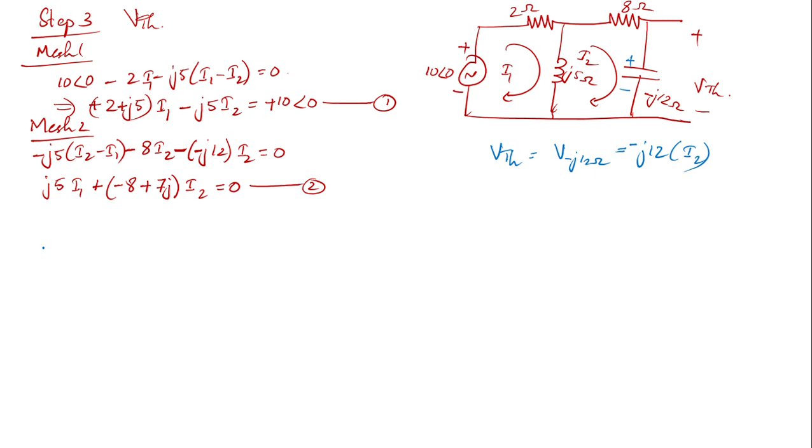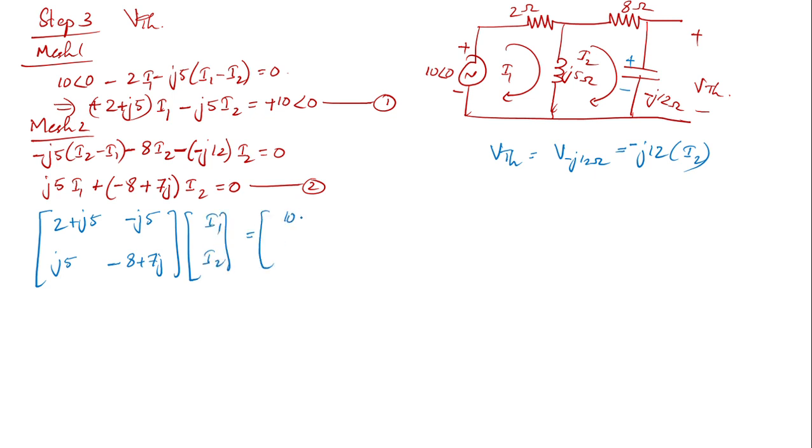How can you use the Cramer's rule? You can write down the equation in the matrix form. So you have 2 plus j5 and minus j5, then you have plus j5 and minus 8 plus 7j, and you have a column matrix I1, I2 is equal to 10 angle 0 and 0.